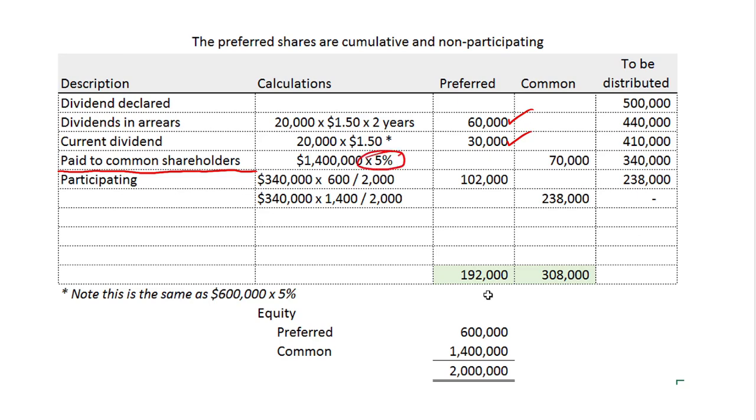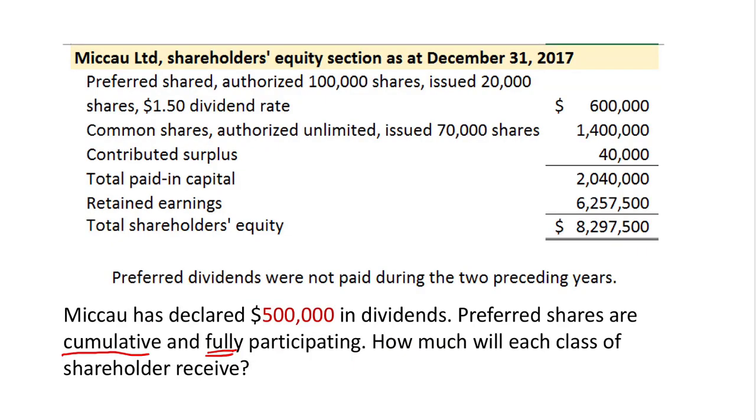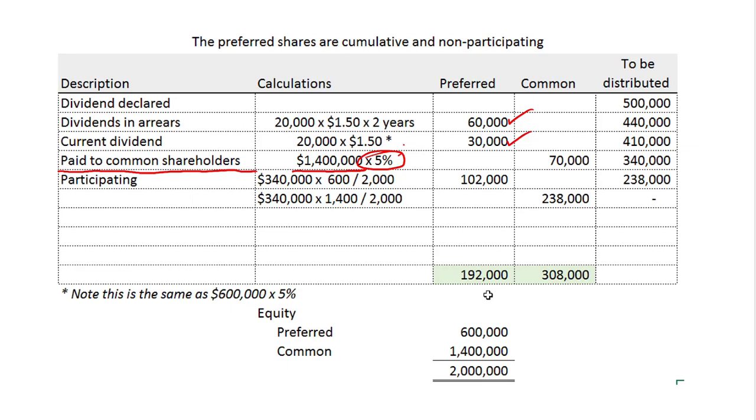So the total amount of the common shareholders was $1,400,000, at 5%. Comes out to $70,000. That leaves us with $340,000 to allocate between the two, and we do that on a pro rata basis.